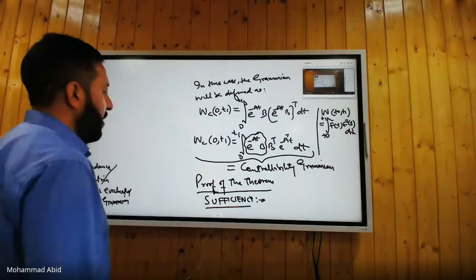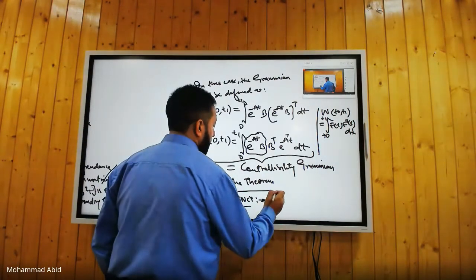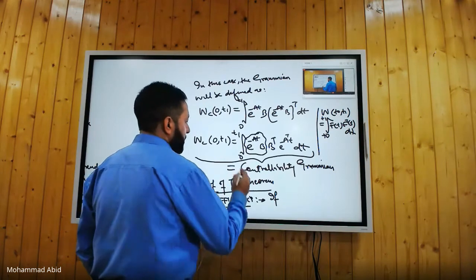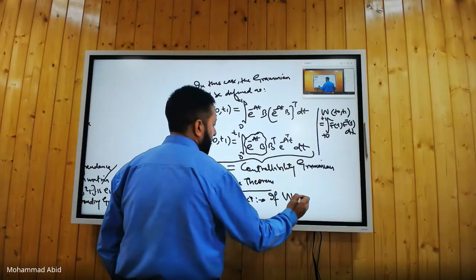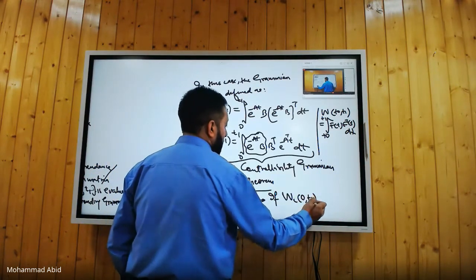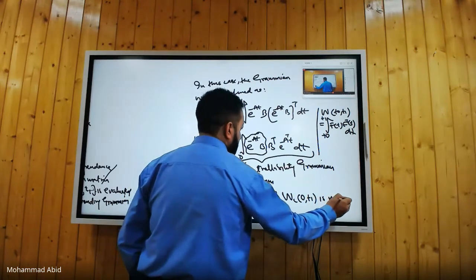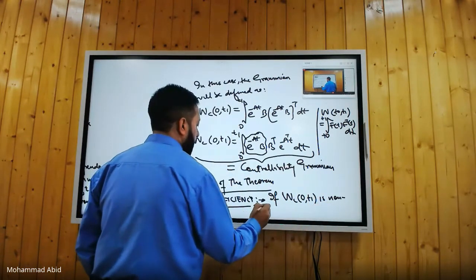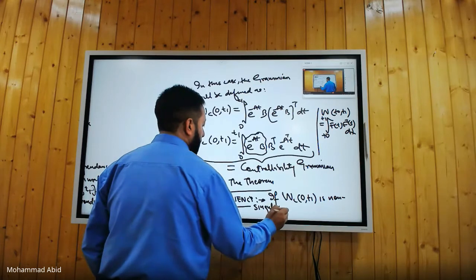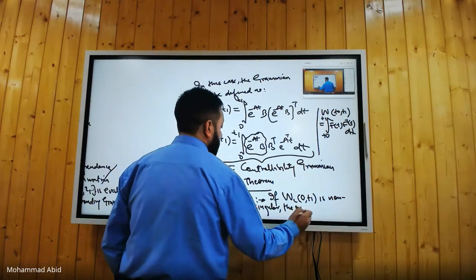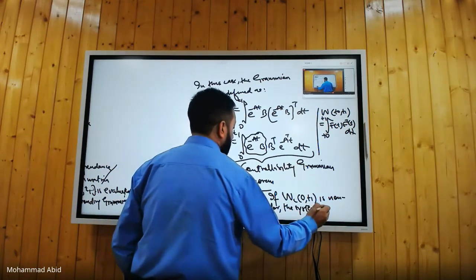Sufficiency will be: if the controllability Gramian is non-singular, the system is controllable. This is what we will prove.